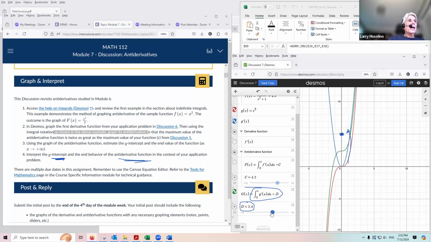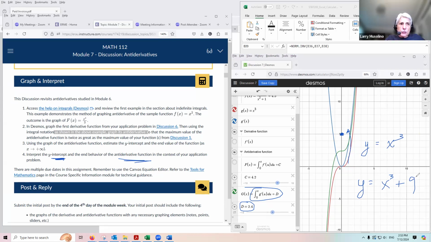Okay? And again, you might say, what's the point of this constant? Well, the constant is trying to take into account that the original function, if y was x to the 3 versus y equals x to the 3 plus 9, let's say, when you take the derivative of either one of these functions, you get the same answer.